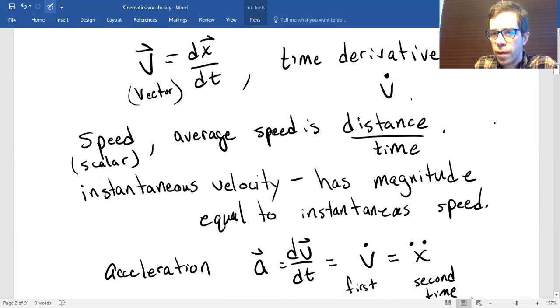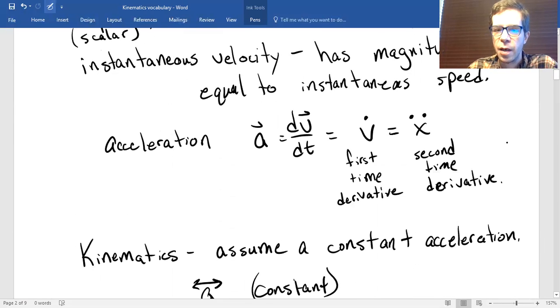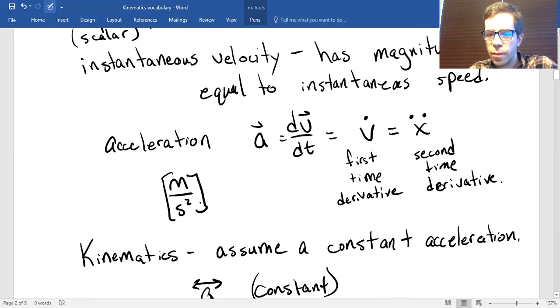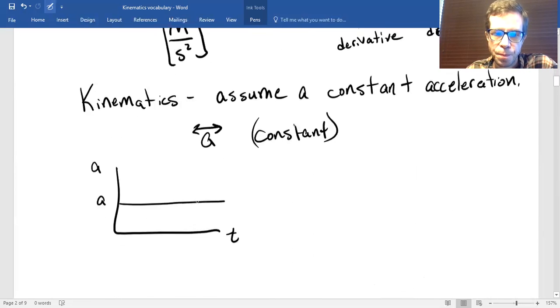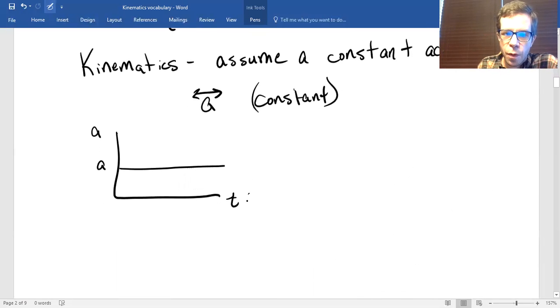So that is meters per second for our units. If we take another time derivative, that's meters per second squared for our units. So we have time in seconds, we have acceleration in meters per second squared.